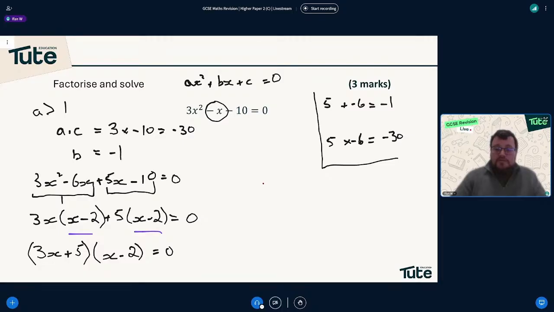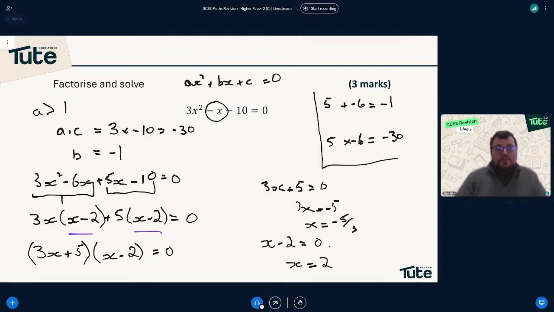Okay, that means that either 3x plus 5 is equal to 0, or x take away 2 is equal to 0. Okay. That means that 3x is equal to negative 5, x is equal to negative 5 over 3, or x is equal to 2.